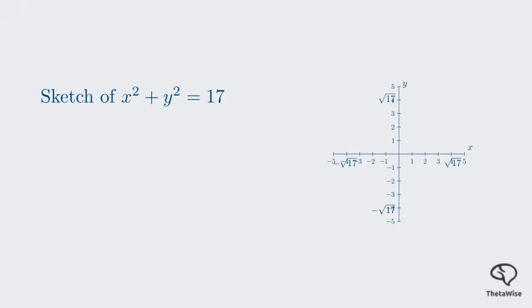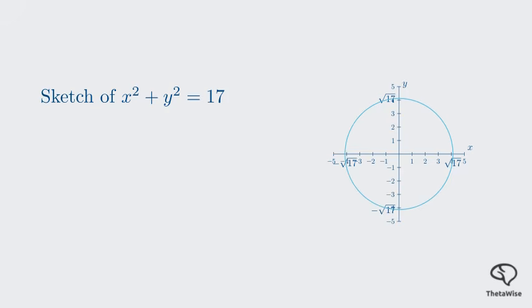So the circle will pass through the square root of 17 on the x-axis, negative the square root of 17 on the negative x-axis, the square root of 17 on the y-axis, and negative the square root of 17 on the negative y-axis. Again, using our radius approximation of 4.123, we know that these points will lie between 4 and 5 on each axis. Finally, we sketch a smooth circle that connects these points.